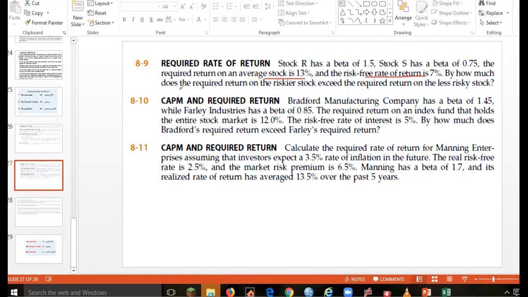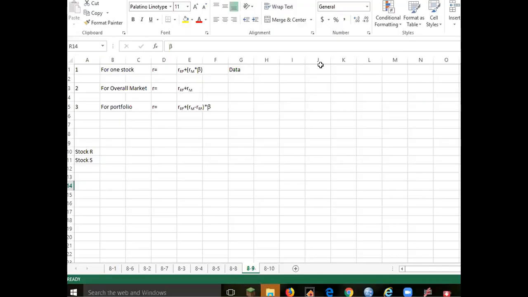By how much does the required return on a riskier stock exceed the required return on the less risky stock? So which one is more risky? Obviously stock R is more risky, so it should have more return also. So we are going to calculate the difference between the return of these two stocks.